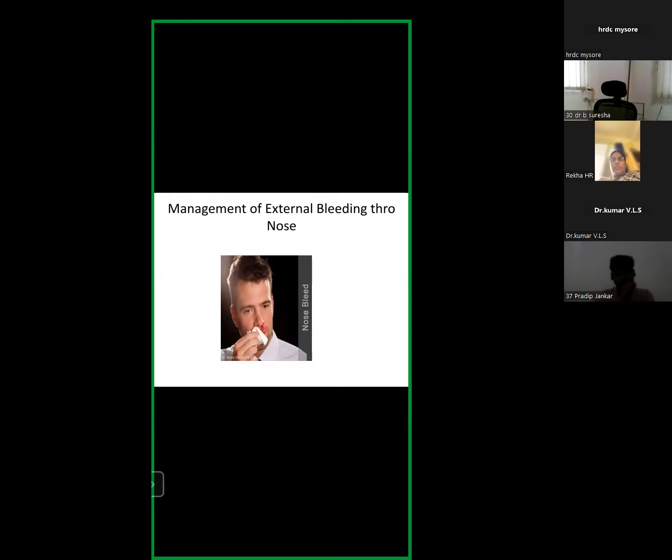So how to manage the bleeding from the nose? Recently I came across one situation like this. I was traveling back from Mysore after a training at ATI, and this incident happened in front of our eyes only. A bus collided with a truck, and it was in the afternoon around 3 or 4 o'clock near Hassan.